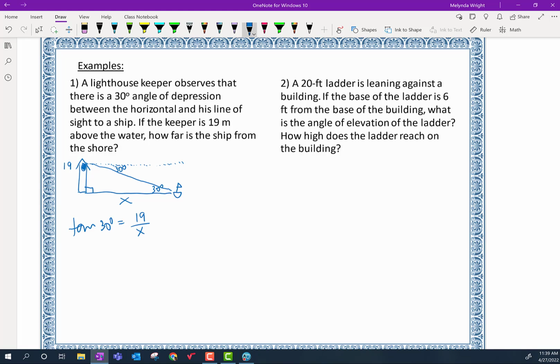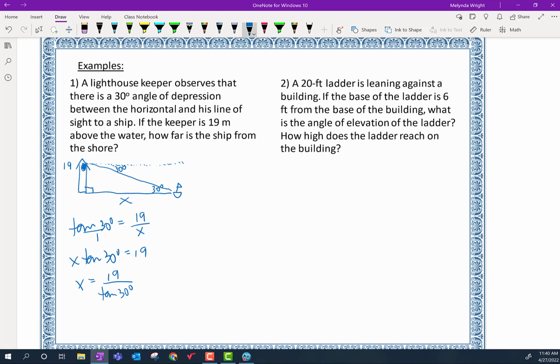So let's solve for x. Cross multiply, so x tangent 30 degrees equals 19. So x is going to be 19 divided by tangent of 30 degrees.